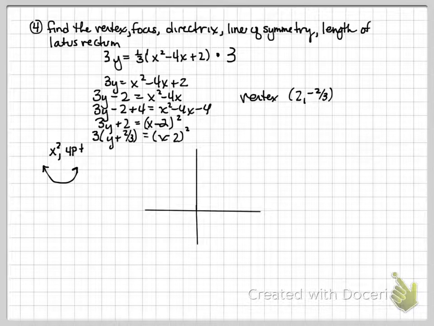Okay, so there's my axes. So I'm going to go to 2, -2/3, and I'm going to put a point there. So there's my vertex. My focus has to be above my vertex because my parabola opens up.